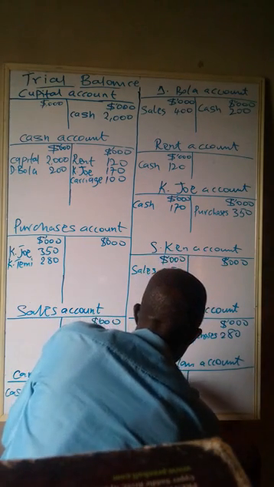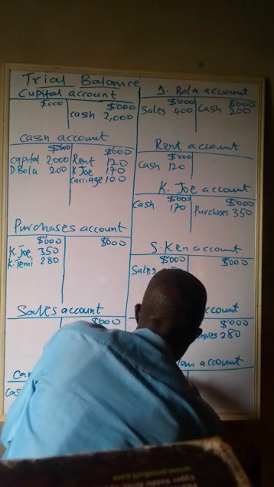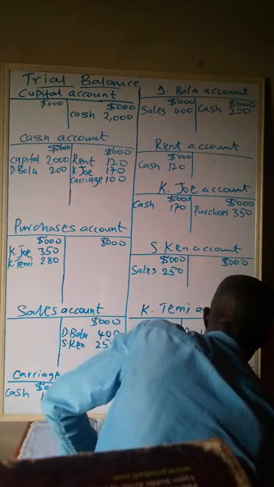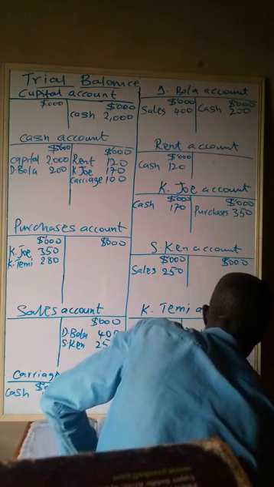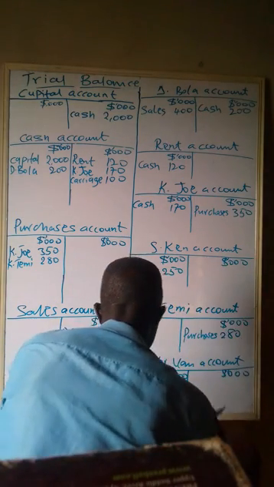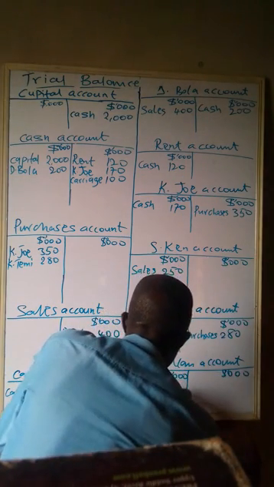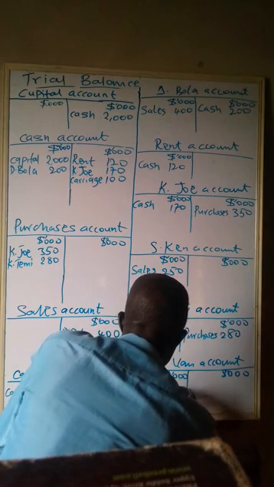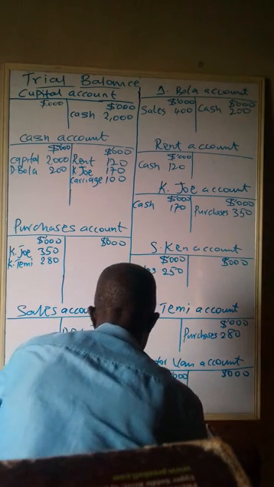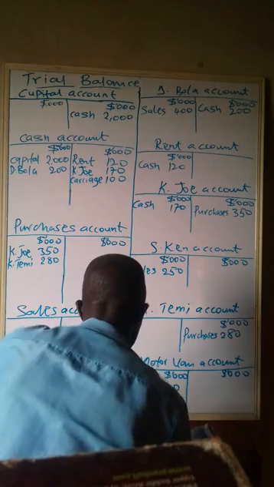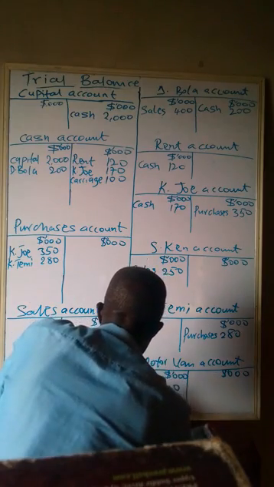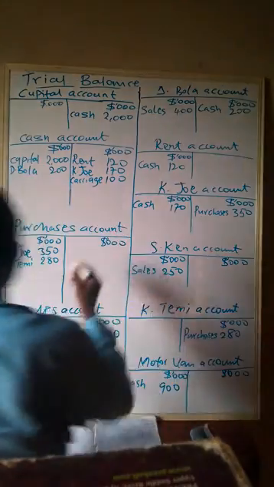So motor van is receiving. I need to debit motor van. Motor van is receiving assets. How much is that? $900,000. The corresponding entry is by cash, that is the cash account.